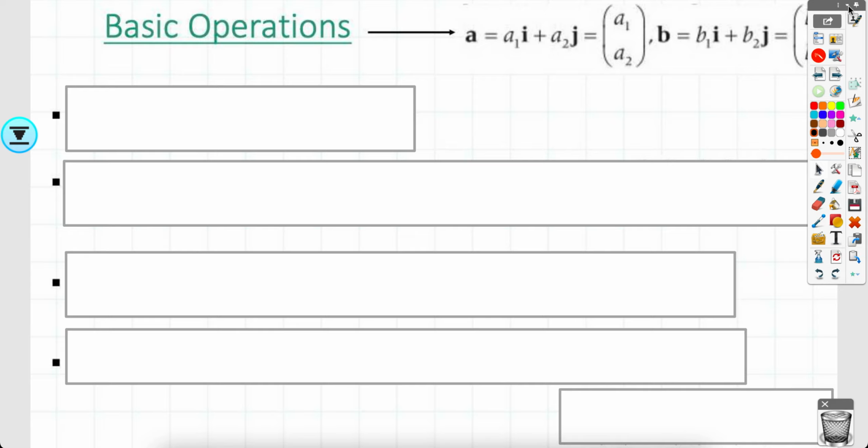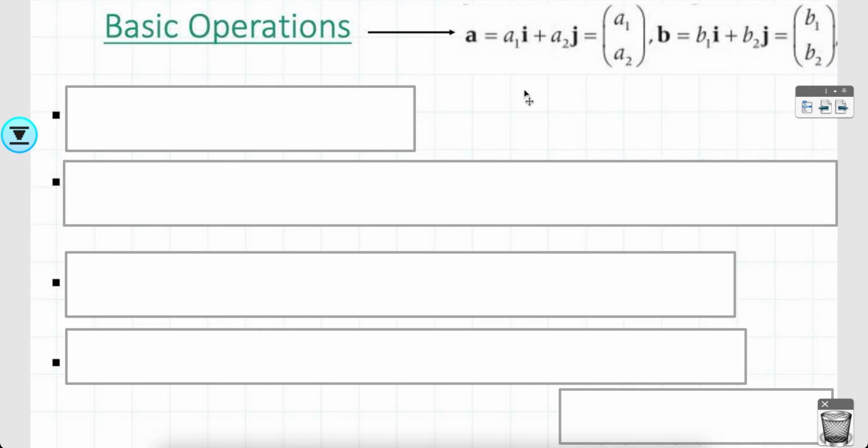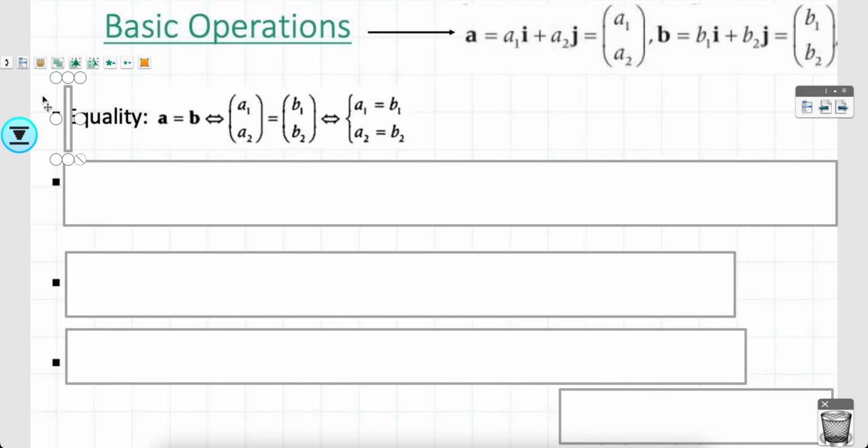So the same operations we've dealt with before, how can we apply them to the component forms or column form? So let's say I have vector A with these coefficients for i and j, and vector B with these coefficients. If I want to define equality, we're just going to define the basic operations like we did before.